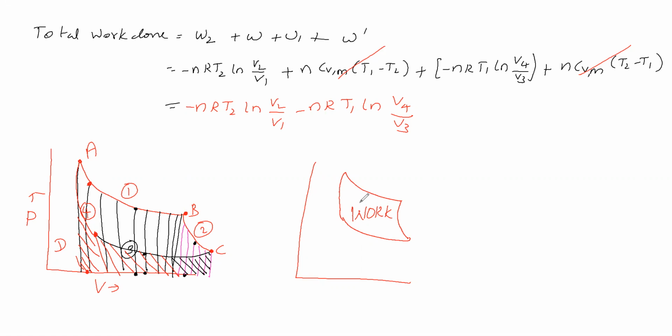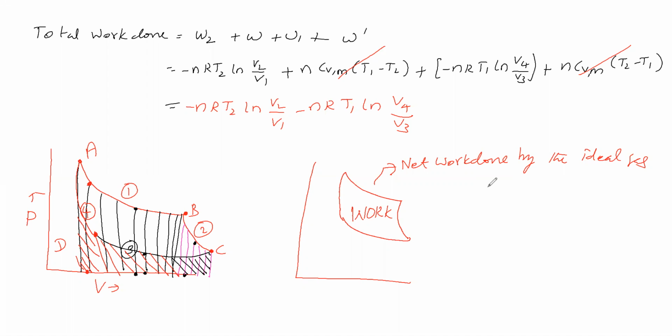Now shall we say net work done is by the system, or on the system? This net enclosed area, in the sense 1 and 2 work only, 3 and 4 not. Therefore 1 and 2 work in the sense by the system. Therefore net work done by the ideal gas, we can say. So net work done by the system in the sense useful work.